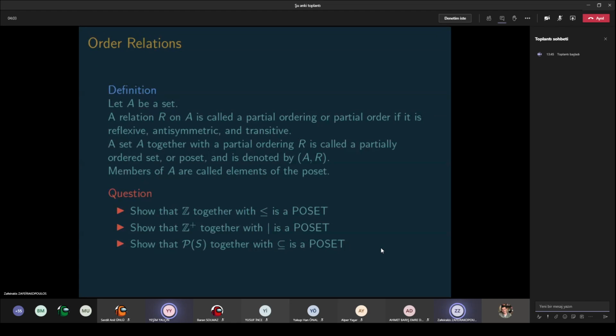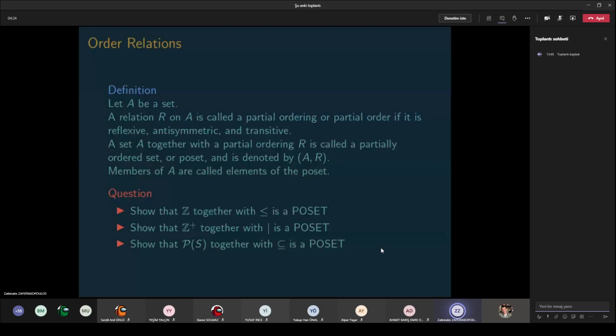So if A divides B and B divides A, then A has to be equal to B, right? And it is transitive because if A divides B and B divides C, then also A divides C. If this was written, you will have to give a bit more details on why this is true. But in general, I think we all accept it, right?